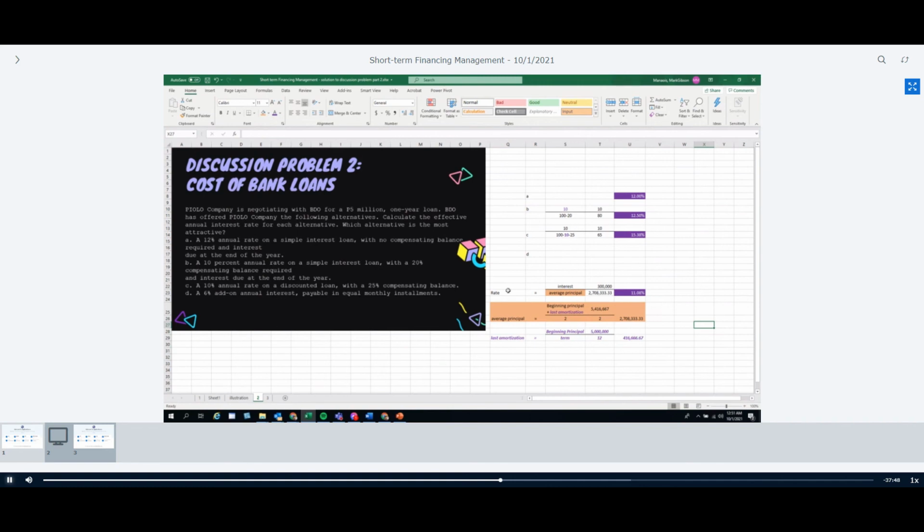Kaya inisa-isa natin siya. This, you'll be able to follow the procedure and it's also called highlighted just to make sure that you'll be able to recalculate it, no, when you do your review. Okay? Okay, so that's problem number 2 on cost of bank loans.